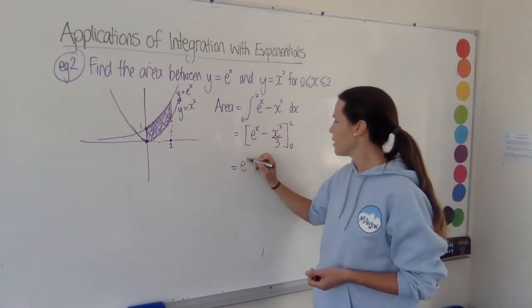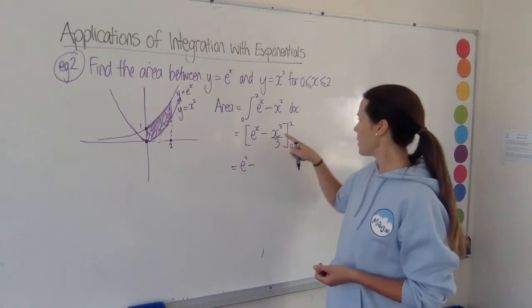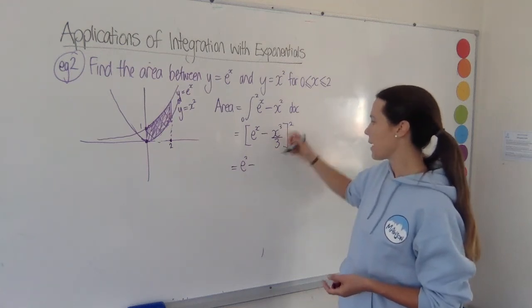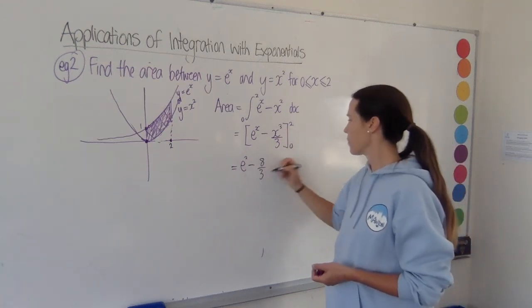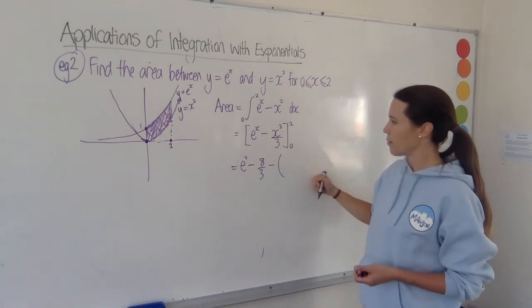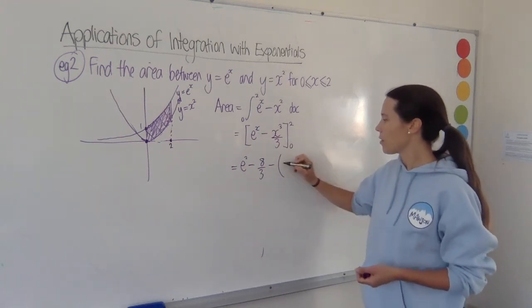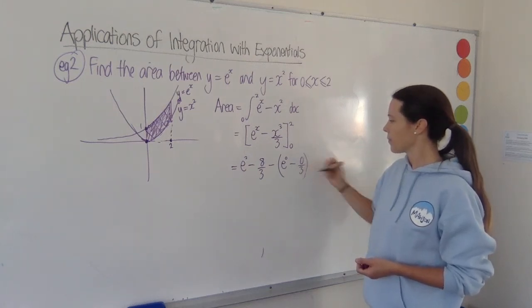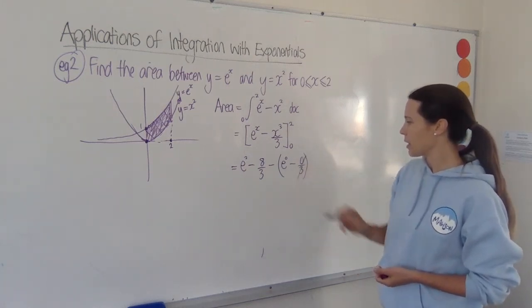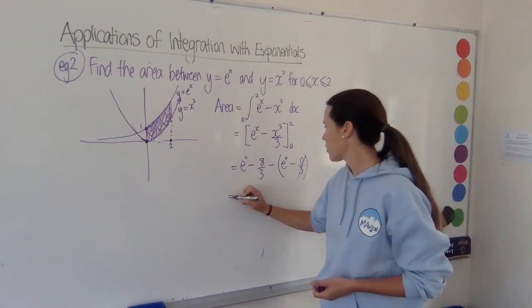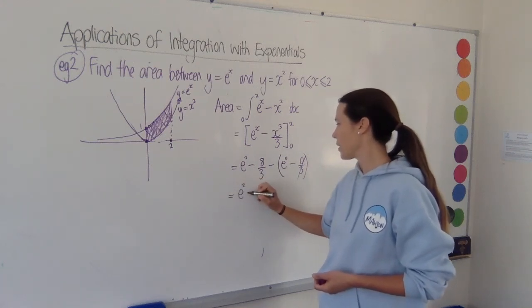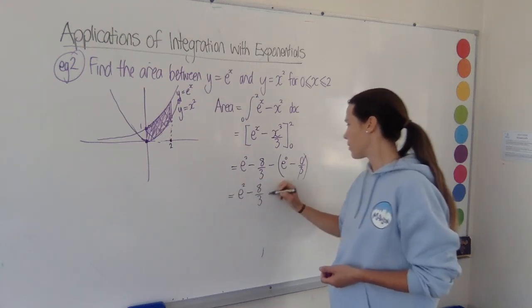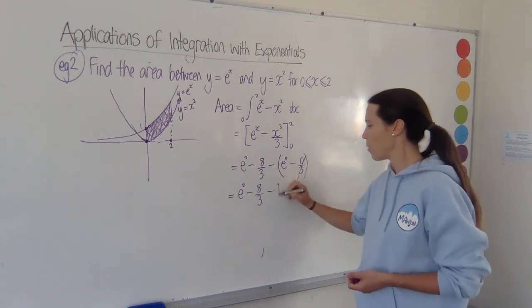So I've got e to the power of 2 minus, well 2 cubed is 8, so that's 8 thirds, minus, now I need brackets, subbing in 0, I've got e to the power of 0, minus 0 on 3. So 0 on 3 is nothing, I can get rid of that part. And now I've got e squared minus 8 thirds minus 1.